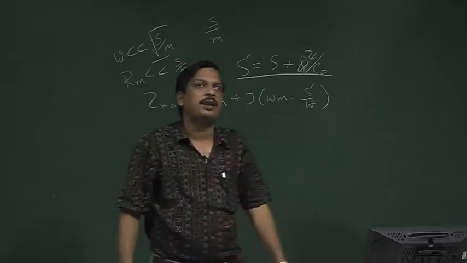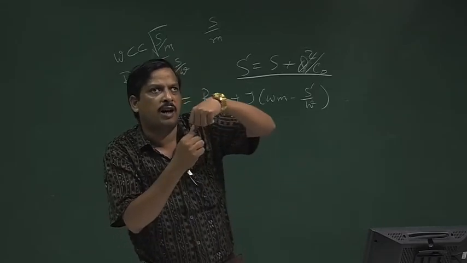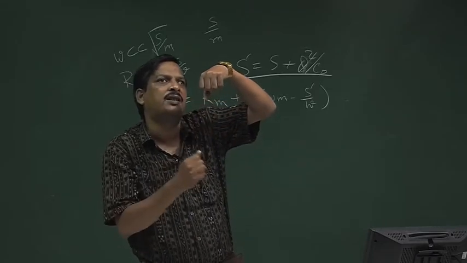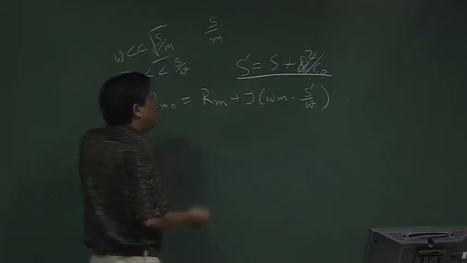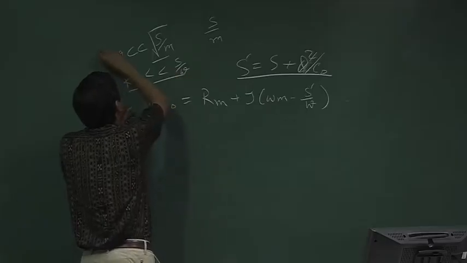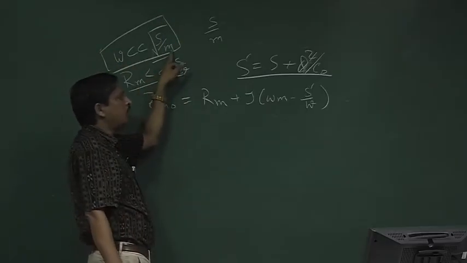That means I should not house that diaphragm with such a mechanical resistance that it does not vibrate. So Rm should be very low and the operating frequency should be much less than the resonant frequency of the diaphragm.